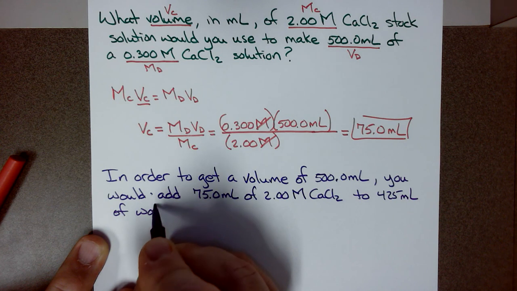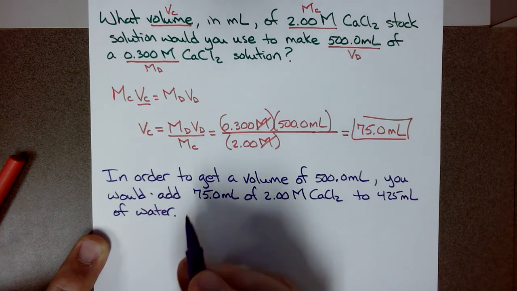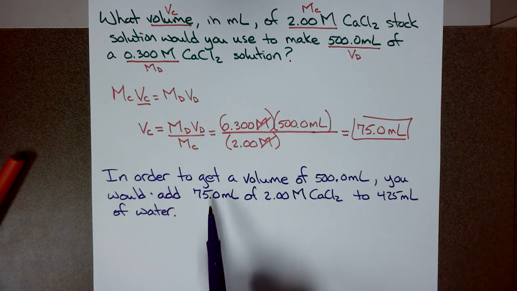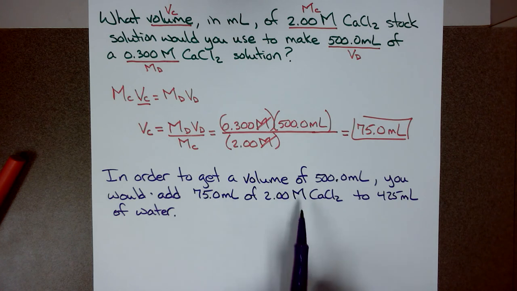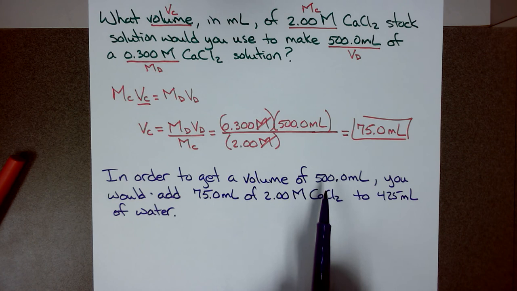That gives me the 500 mils. Or you can say, I'm going to put 75 milliliters of this concentrated solution into a 500 milliliter volumetric flask, and then add water up to the 500 mil mark.